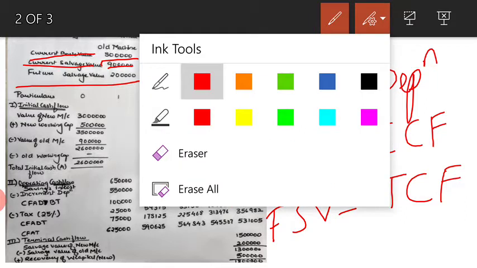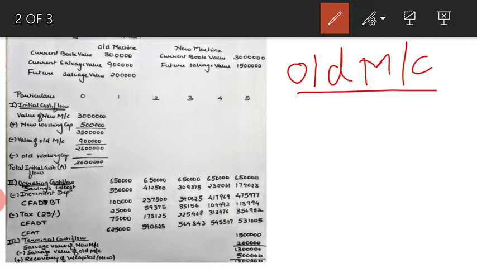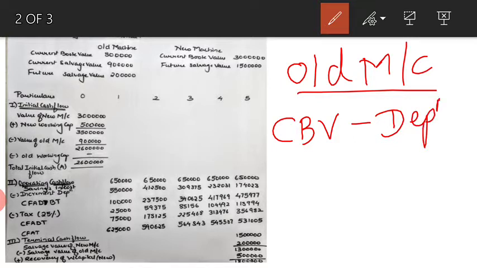I'll repeat it once again. There are three values for the old machine which are given: the current book value, current salvage value, and future salvage value. Where do we use it? The current book value would be used to calculate depreciation.